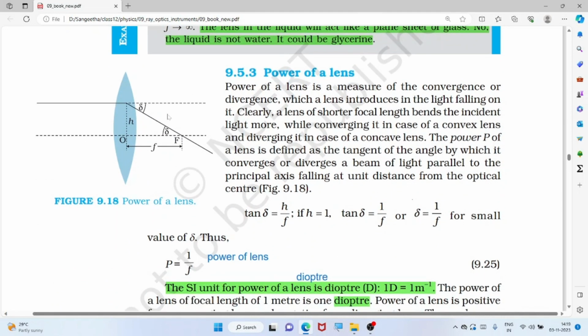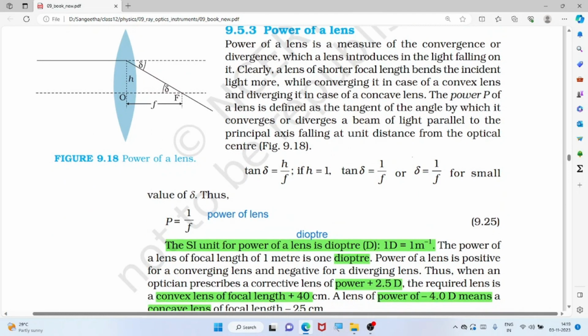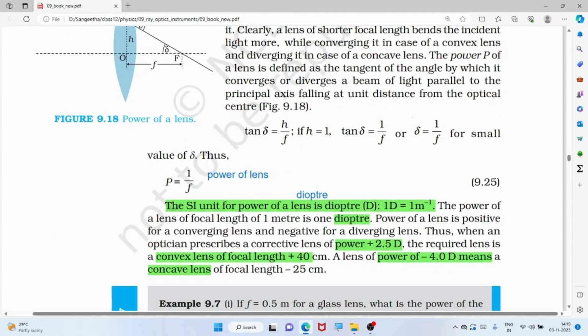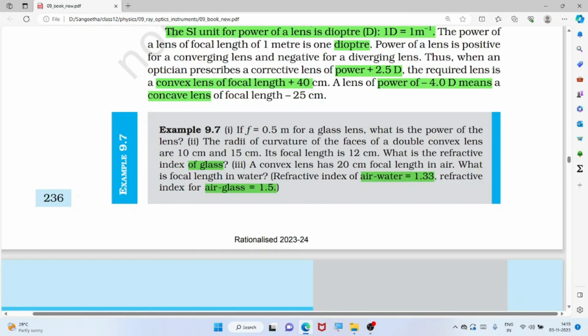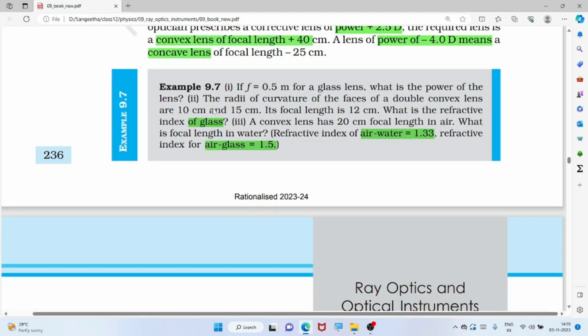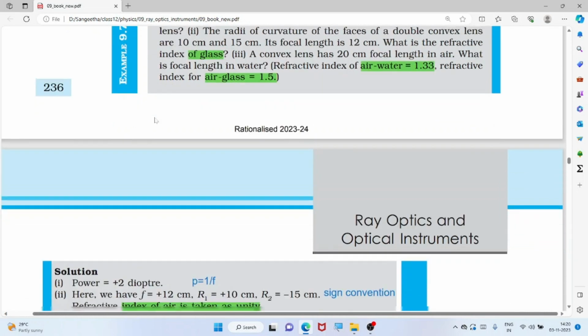Power of the lens. Power equals 1 by f. The unit of power is the diopter. See, this is important here: how to use the refractive index in the lens maker's formula.